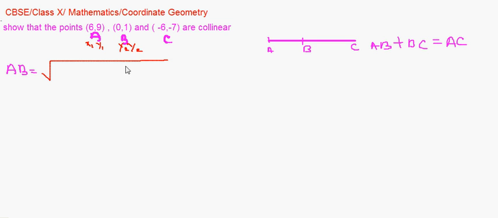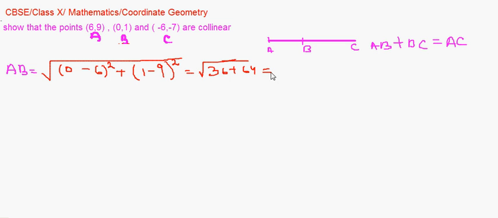So it is 0 minus 6 whole square plus 1 minus 9 whole square. That is minus 6 whole square, that is 36, and minus 8 whole square is 64. So 36 plus 64 is 100. So root of 100 gives us 10.